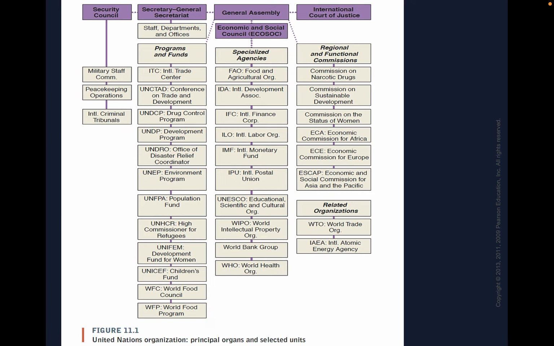If you look at this, you can see the different departments under the Security Council, the Secretariat, the General Assembly, and the ICJ. And you can see there are a lot of programs out there that, in a sense, try to develop positive relations between countries.